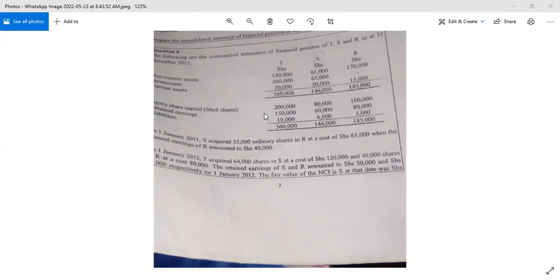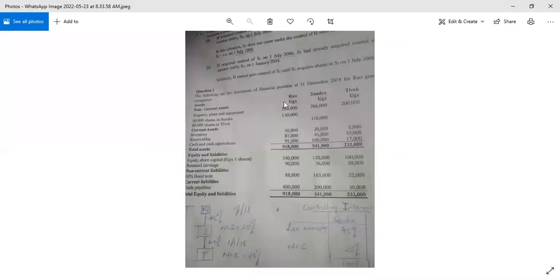Okay, let's go to the vertical groups. Where is the question? Yeah, Sandra. So this is the question. They won't say in writing that R bought shares in Sandra, and Sandra acquired shares in TVEC.